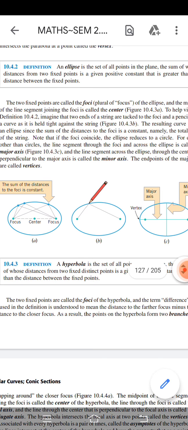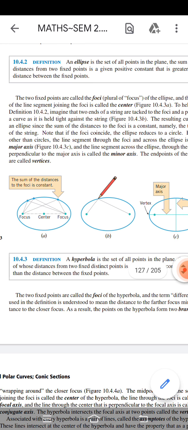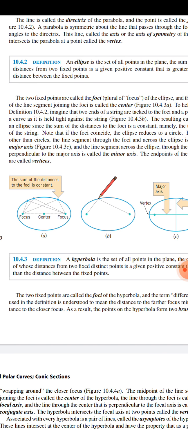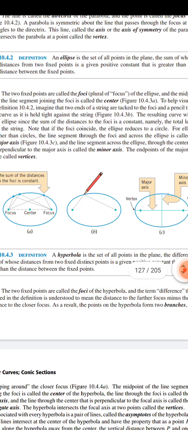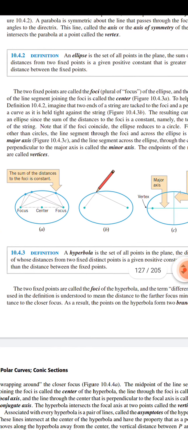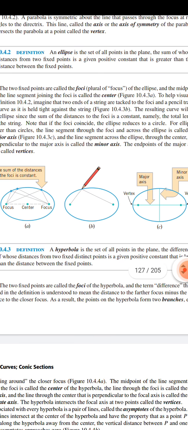The two fixed points are called the foci, plural of focus, of the ellipse, and the midpoint of the line segment joining the foci is called the center. To help visualize the definition, imagine that two ends of a string are tied to the foci, which I have already told you. Note that if the two foci coincide, meaning one focus comes onto the second focus, then it will become a circle. Now it is no longer an ellipse.